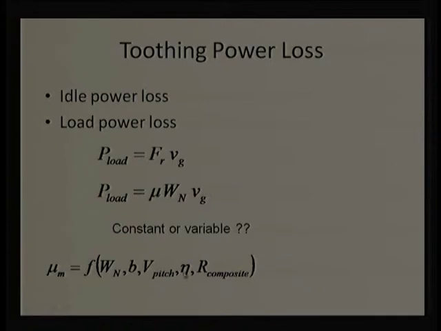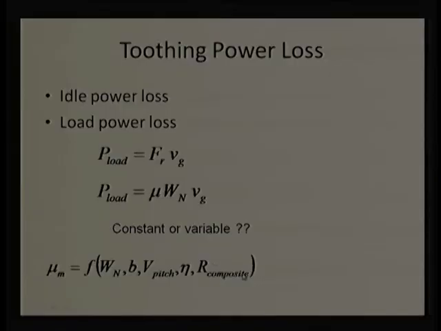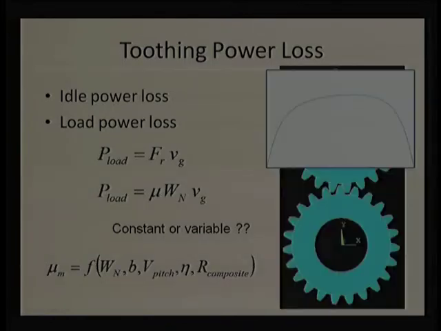So overall we need to see the package and how each factor is depending. There is no direct relation between mu and eta, but there will be an indirect relation depending on the load regime. Then comes the surface roughness of the gear and pinion surfaces. That is why we are writing R composite here, the composite surface roughness.